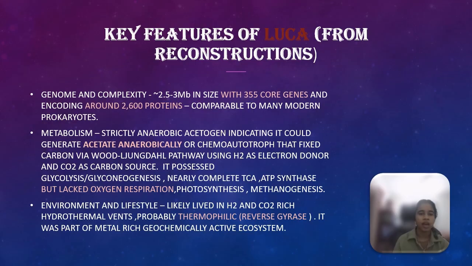Genetic evidence says that around 355 core genes have been identified, with around 2,600 proteins encoded. That is comparing it to modern prokaryotes, and this allows us to estimate its size and cellular features.